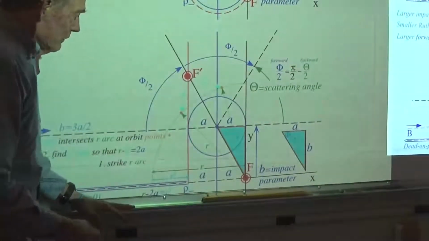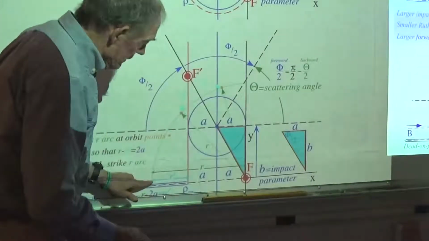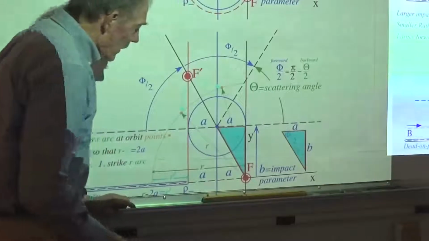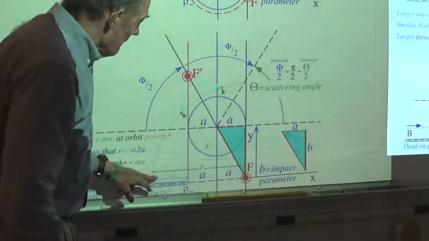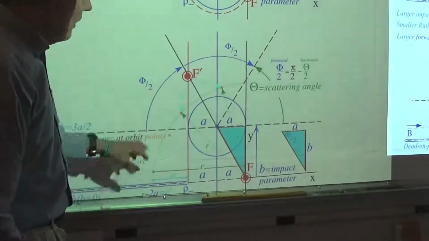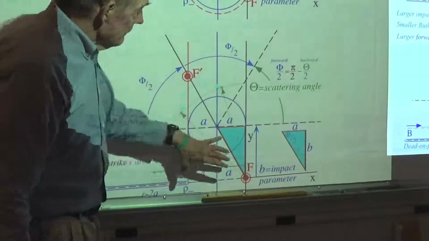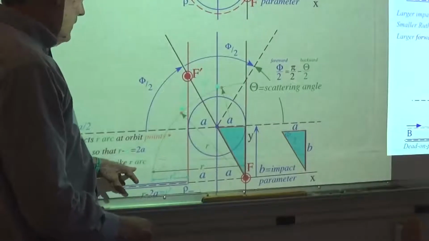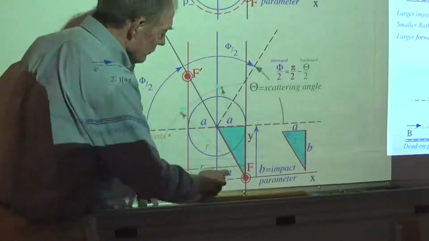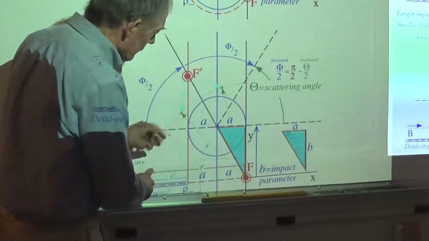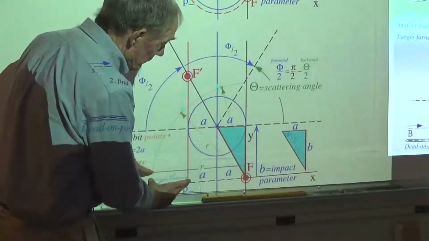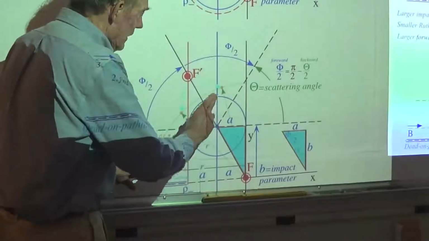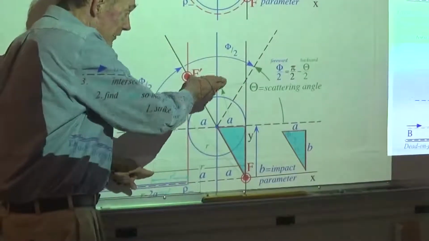So you figure out where this hits, and then you simply subtract. Actually, what you do is use the r that you picked, and then you find out what r prime is, and you take the compass and set it to that, put it on this focus, and strike an arc.